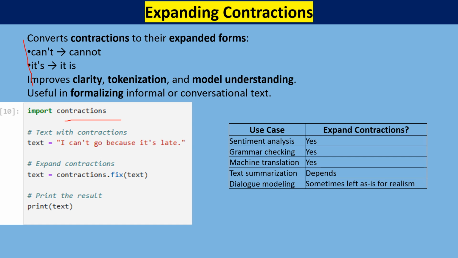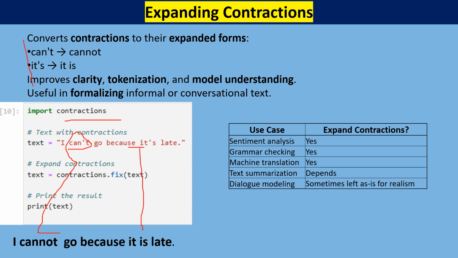It makes text more standardized, which helps downstream NLP tasks. The contractions library is used to safely and accurately expand common contractions. So I can't becomes I cannot, and it's becomes it is.